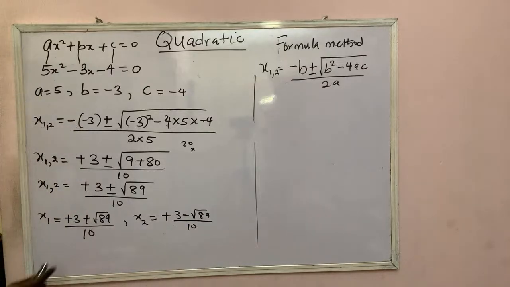So that's the answer. You can just punch this on your calculator, add it to 3, and then divide by 10. So that's how to solve by the quadratic method.